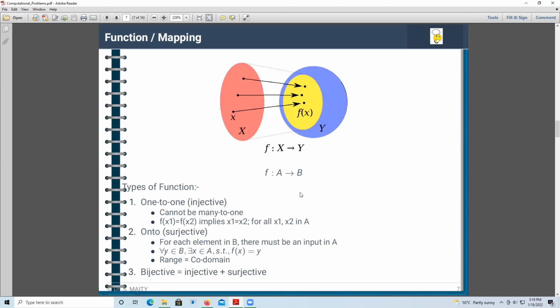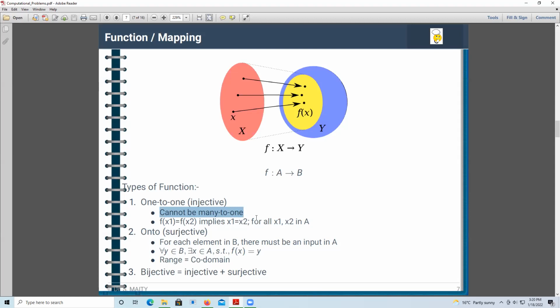So what are those additional properties required for a one-to-one, injective function? The first point that I have written here is a general description of the requirement, and the second point is a more precise mathematical definition of that requirement. In general language, a one-to-one function does not allow the many-to-one property. Just now I mentioned that a function may be either one-to-one or many-to-one. It cannot be one-to-many or many-to-many.